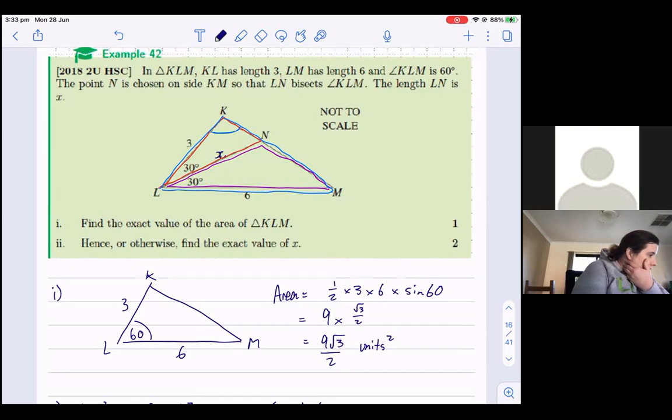I don't even know which question it is, so I'm just going to have to look it up. 2018, 2-unit HSC.